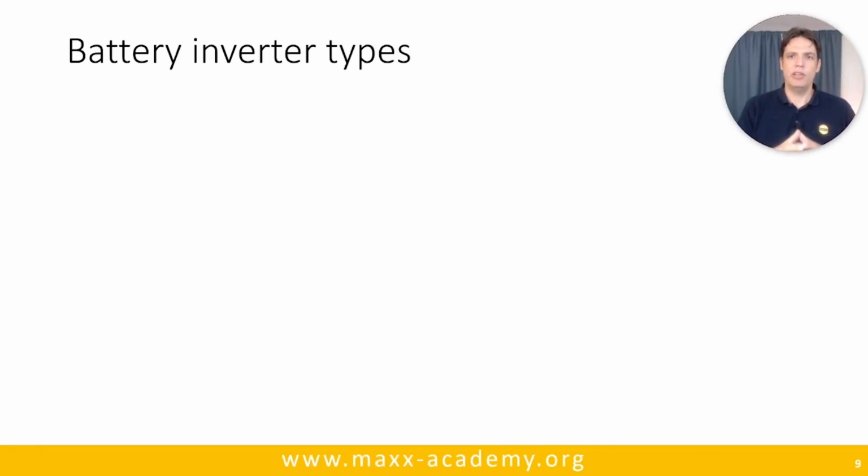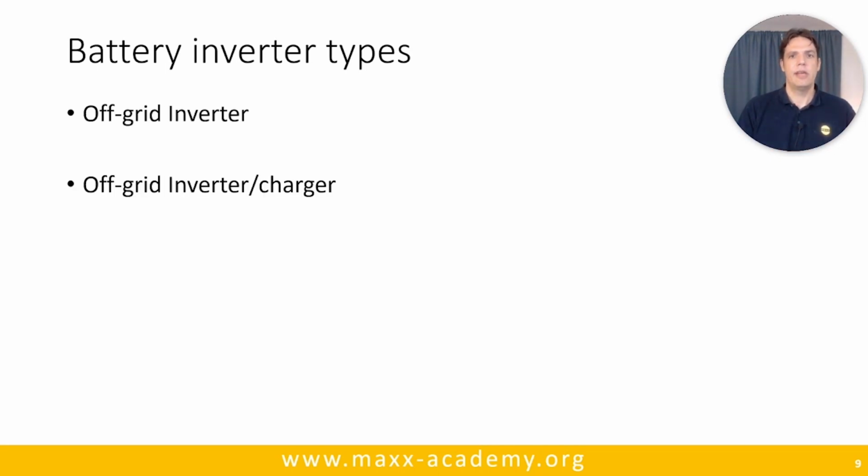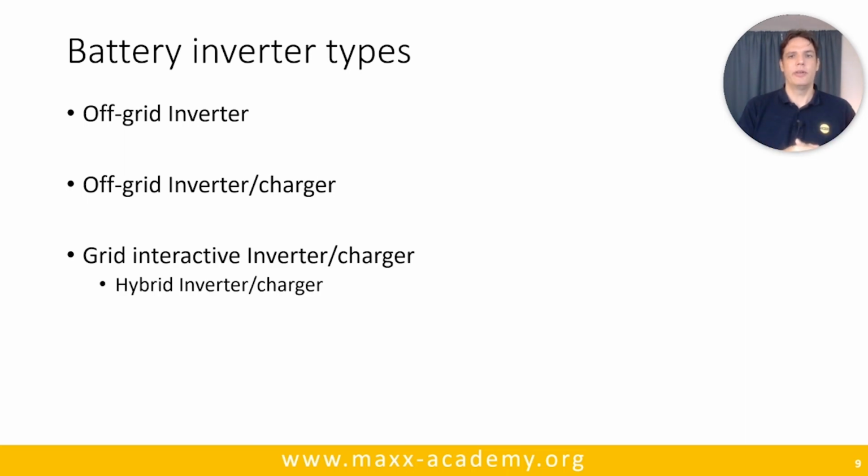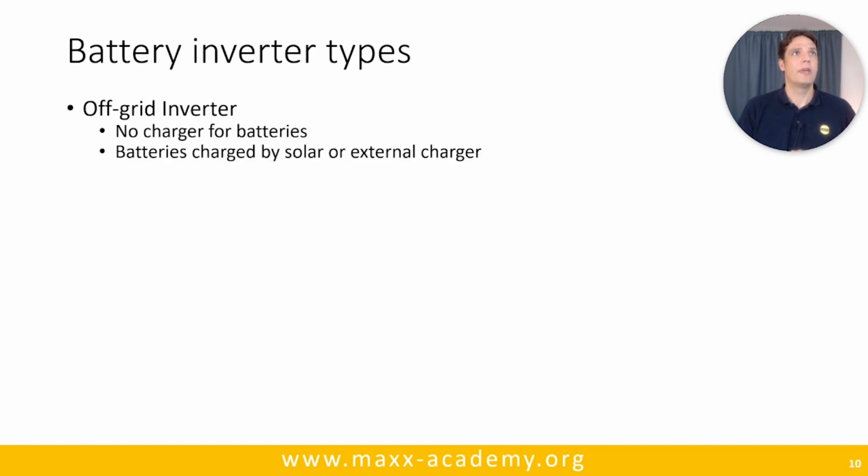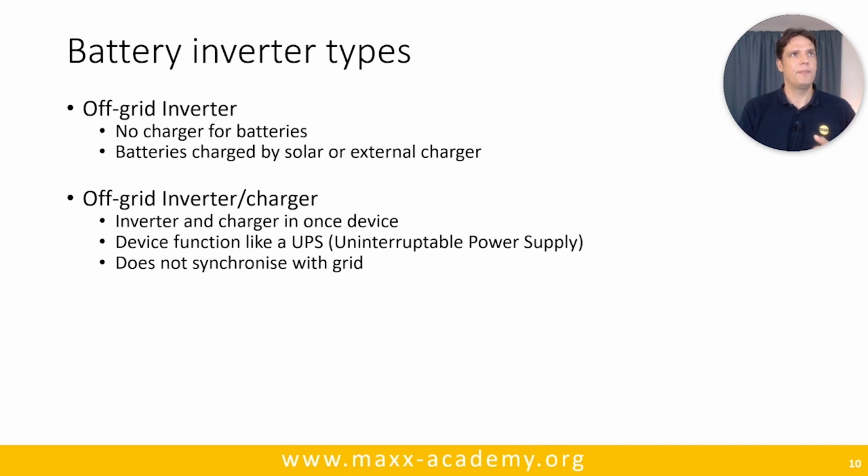Battery inverters can further be grouped into three main types: off-grid inverters, off-grid inverter chargers, and grid interactive inverter chargers, also called hybrid inverter chargers. Let's go into more detail now. Off-grid inverters have no charger for batteries. Batteries can be charged by solar or an external charger.